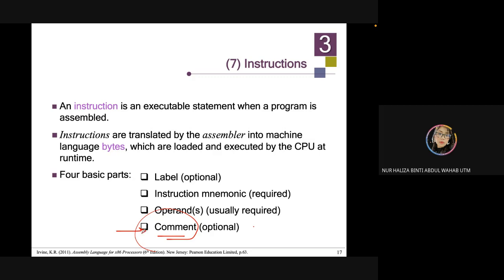It is just for you. Or maybe you have moved to another group and the current project is going to be handed off to another person. What that person needs to do is read the comments. Then he will learn and know what this part is for and what that part is for. So it makes it easier for the programmer.